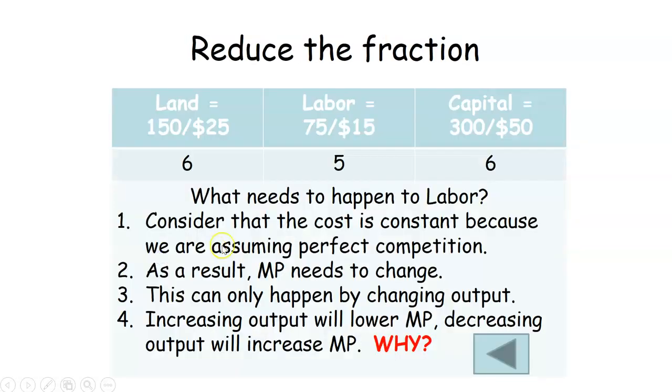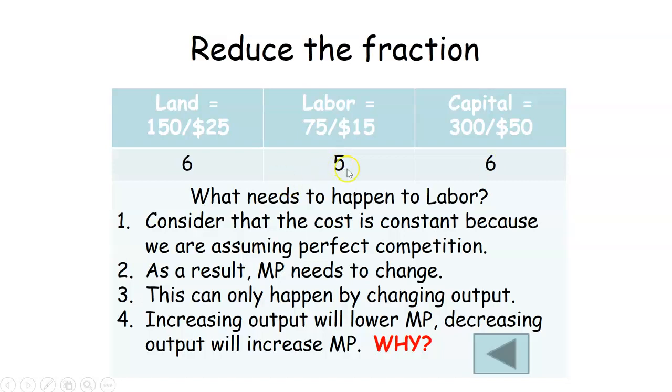For firm B, we have to take 150 divided by 25, and that's going to give us 6. Labor, 75 divided by 15 is 5. Capital, 300 divided by 50 is going to be 6. Now in this case, land and capital, our marginal product per dollar is already equal, but labor is too low.